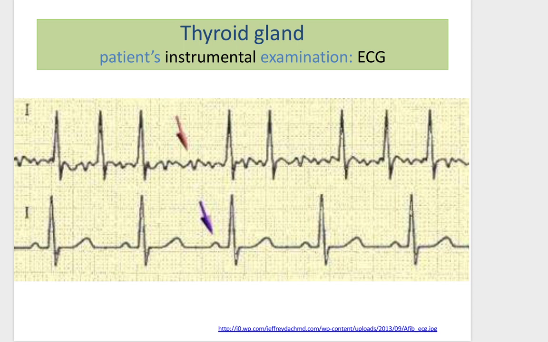That's why, for diagnosing these problems, all patients with thyroid gland disorders should undergo ECG. And here you see two strips. The upper strip is a patient with atrial fibrillation, which is a typical complication of thyroid disorders. And the second picture is the normal ECG, for comparison.